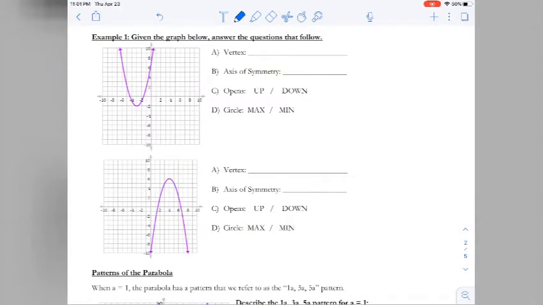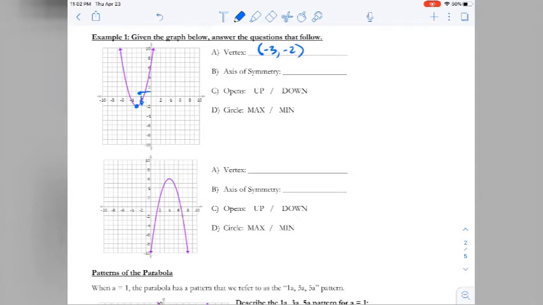In example 1, we look for the vertex, and again, the vertex is either the lowest point or the highest point, but it's where the graph starts to curve. So in this case, our vertex is at -3, because we go to -3, and then we go down to -2.